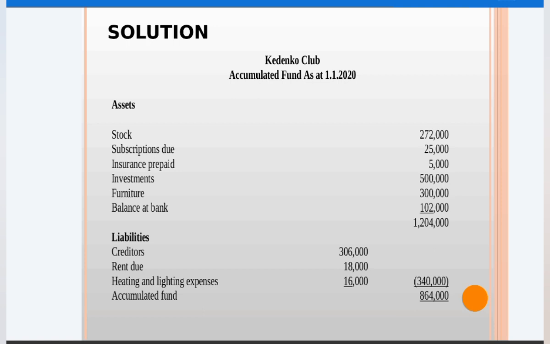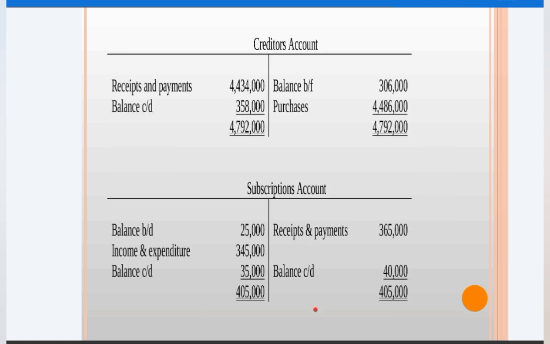Let us look at our subscriptions account. So the receipts of the particular year is 365,000. So we want to find out how much we should charge in the income and expenditure account as the amount of subscriptions for that particular year. So it will be 365,000.